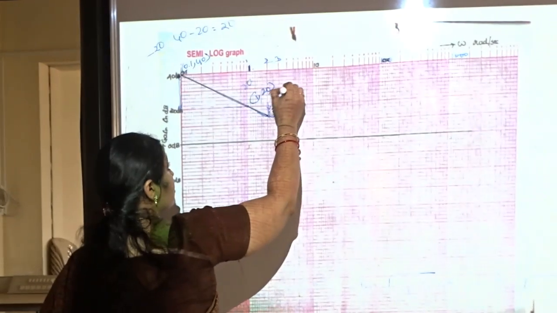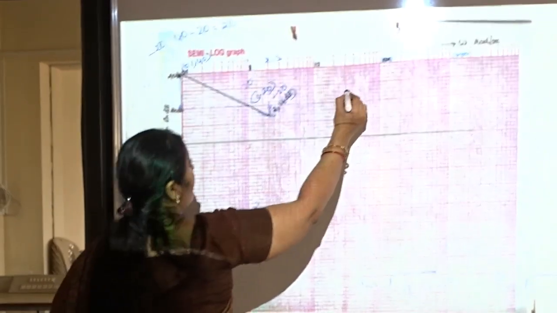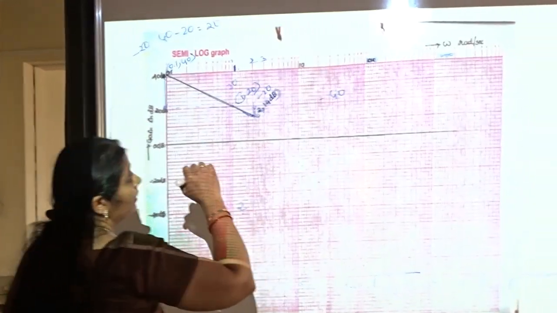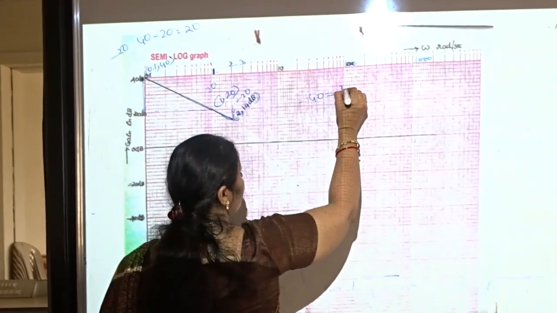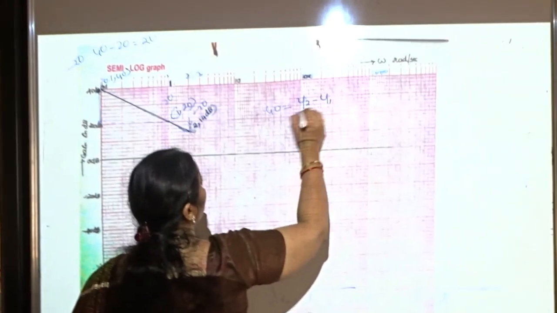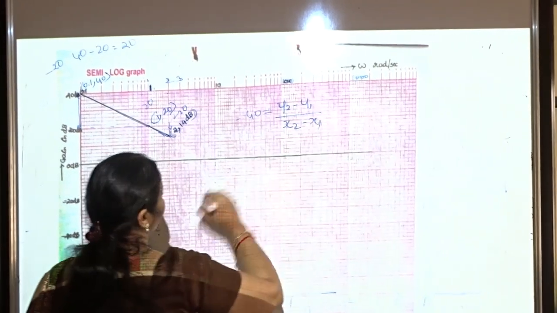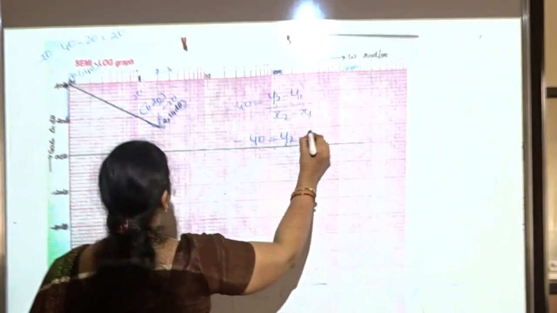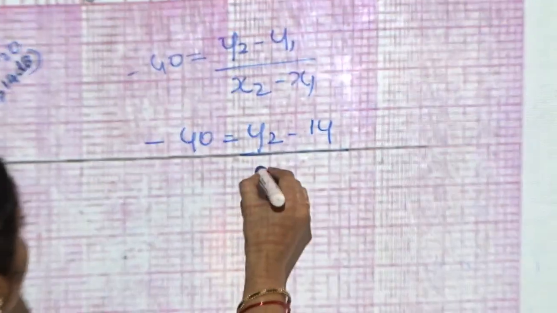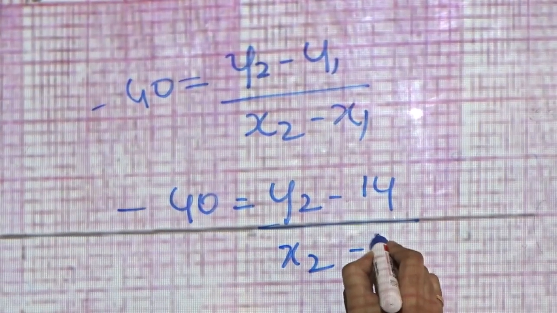When I add minus 20, the total slope should be minus 40. If I have to get a minus 40, let me write y2 minus y1 over x2 minus x1. This is 40, y2 minus y1 is 14, x2 minus x1 is 2.